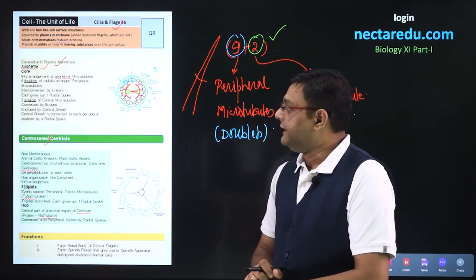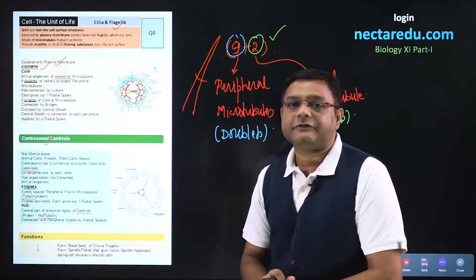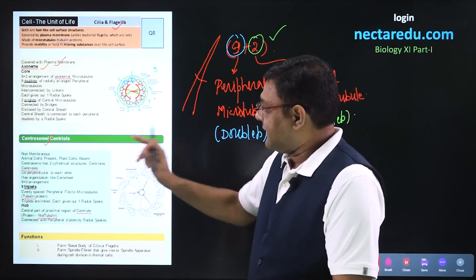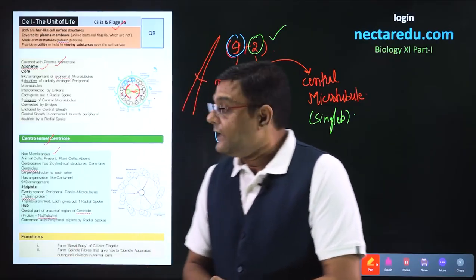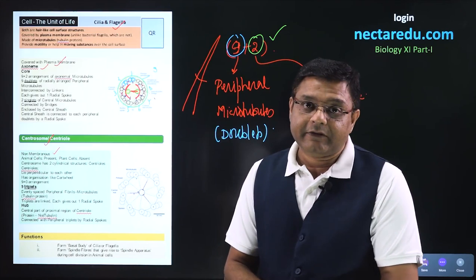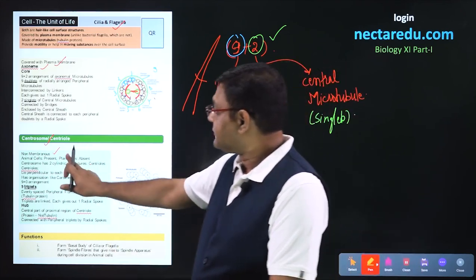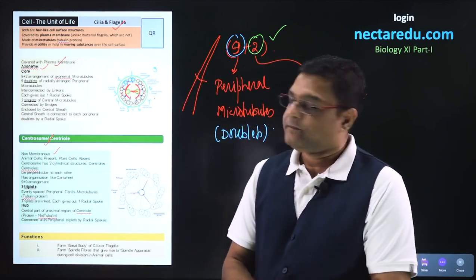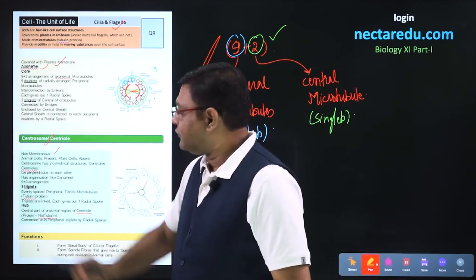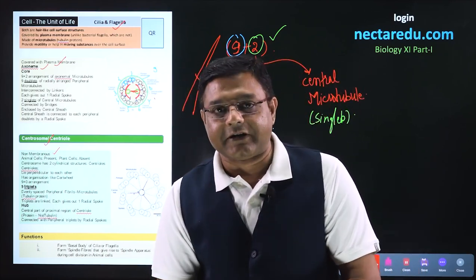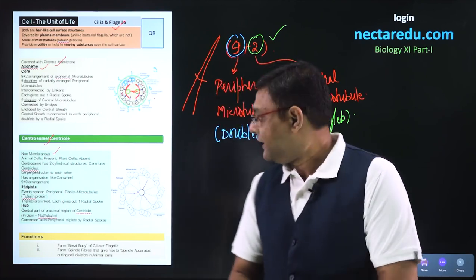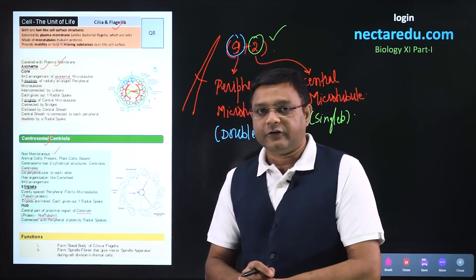After the structure of cilia and flagella, we come to the structure of centrosome. Centrosome is the structure which is non-membranous. Centrosomes are only present in animal cells. Centrosomes are never found in plant cells. If we talk about a centrosome, then each centrosome has two cylindrical structures and each structure is known by the name of centriole.